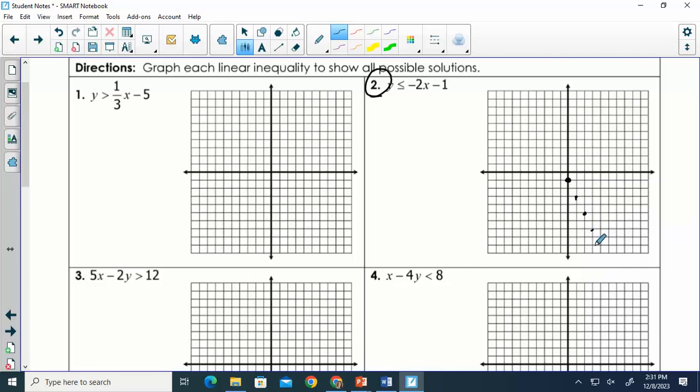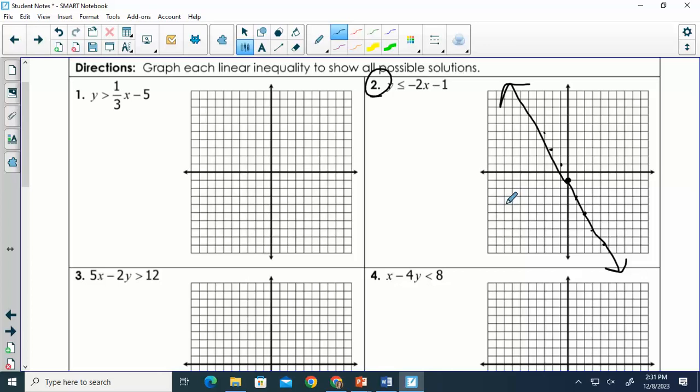Then you have to ask yourself, am I using a solid or a dashed line? Solid. Why? This one has an equal to. So when you draw it, you get a solid line. Hopefully you're drawing a straighter line than I am.